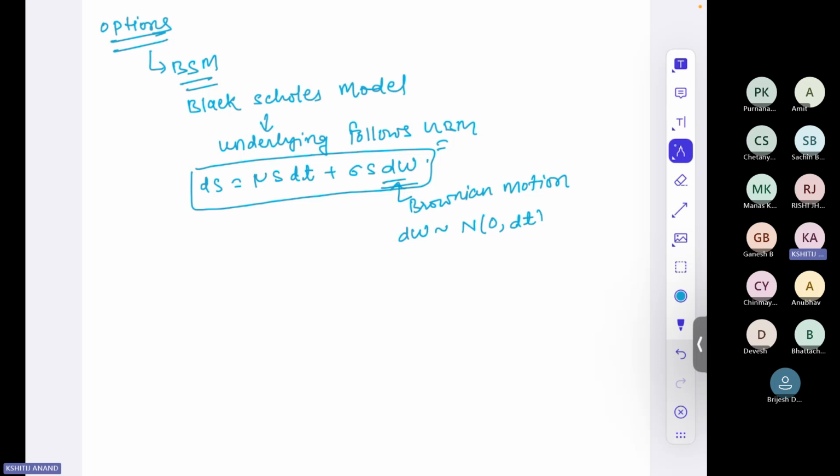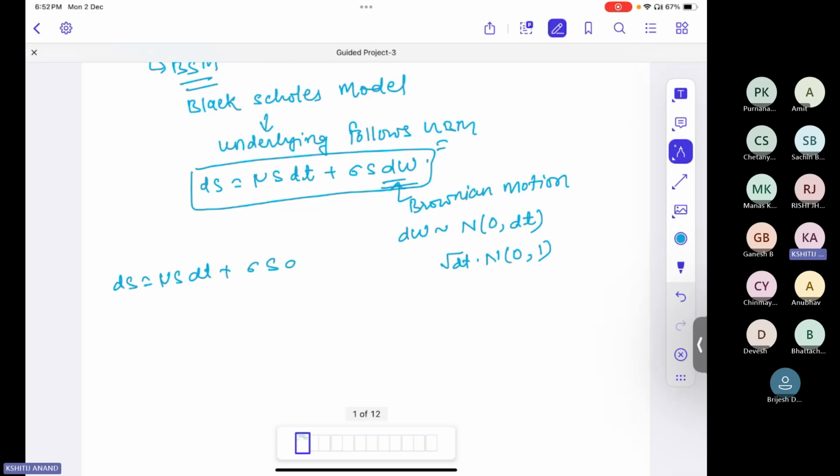And if you dissociate it, it will be root dt times a normal distribution of mean 0 and variance 1. Let us spend some time on this concept, what is geometric Brownian motion, and then the deterministic term, stochastic term and all. So dS = mu S dt + sigma S dW.